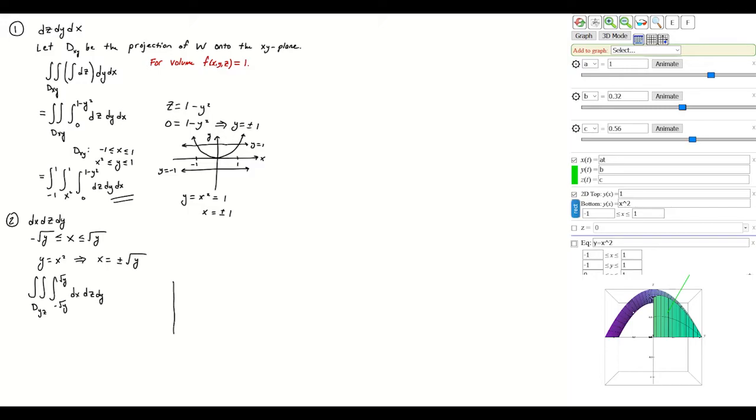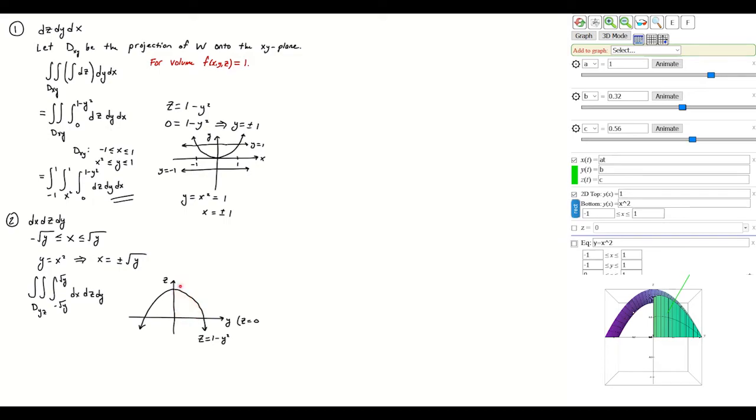So in our YZ plane, we'll graph 1 minus z equals 1 minus y squared. Now remember that the y-axis is really just z equals 0, and that's our other bounding thing. So if we think about this in perspective, we really only want this portion right here. We don't want this left half, just the right half.